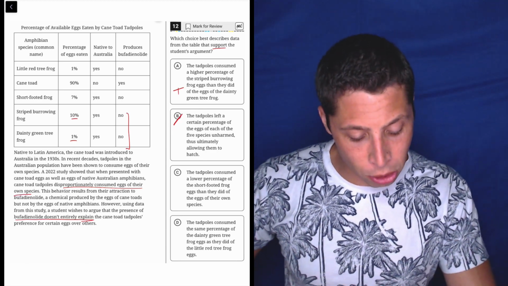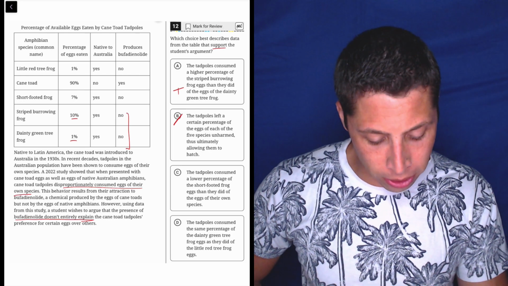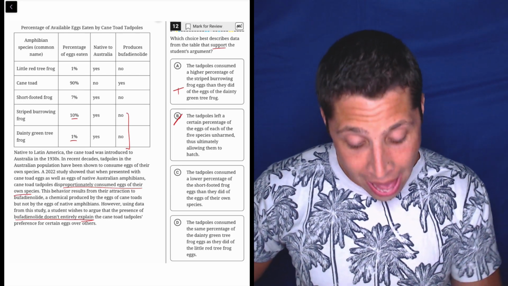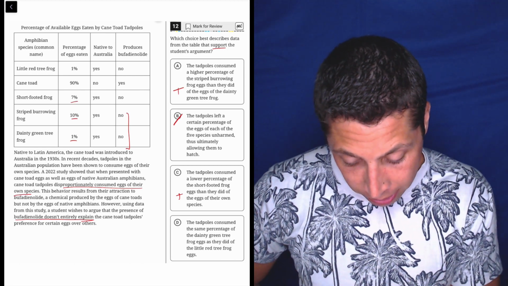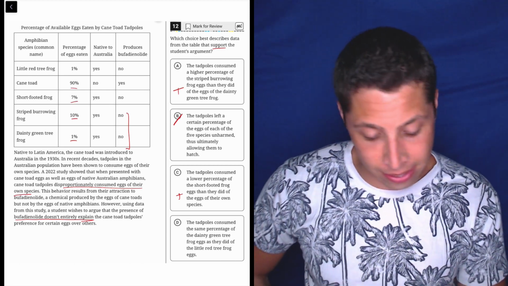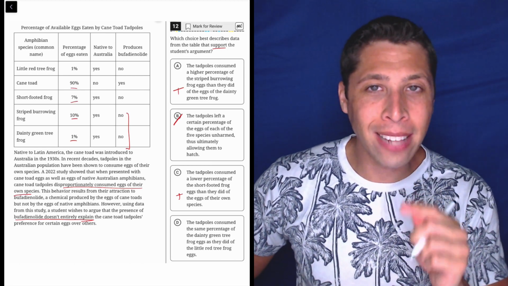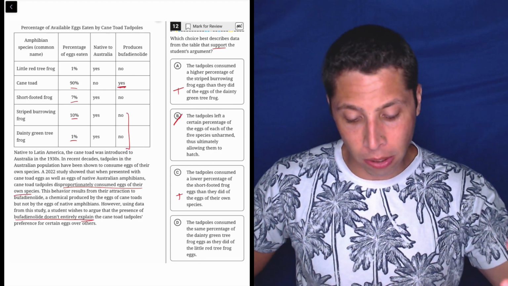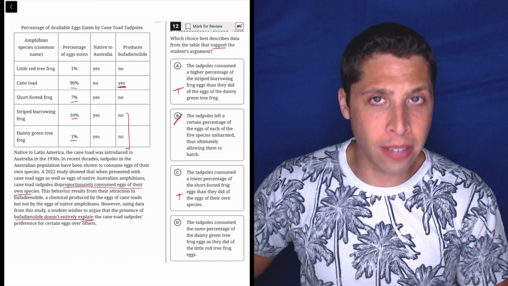C, the tadpoles consumed a lower percentage of the short-footed frog eggs than they did of the eggs of their own species. That is also true. Short-footed frog is 7, right? And their own species is 90. But remember, that's what we would expect because the cane toad has this weird chemical, but the other doesn't.